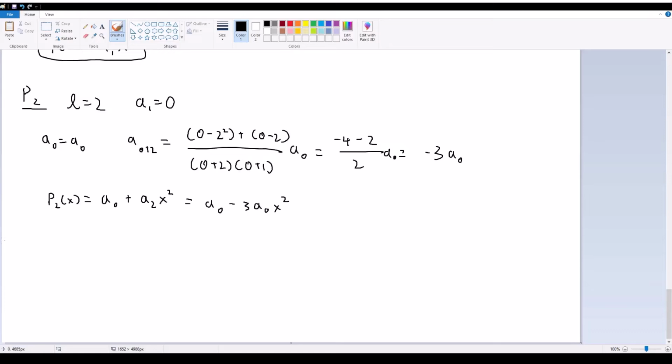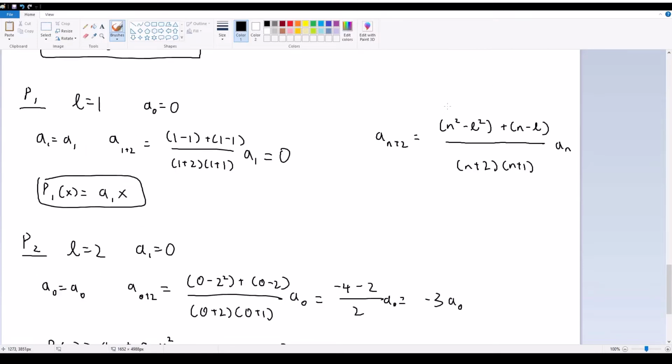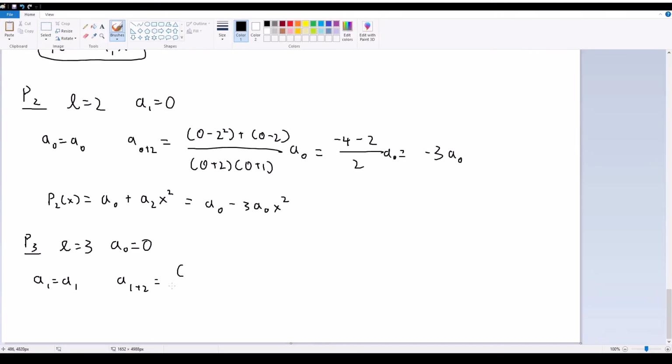Next, let's do P3, which is the final one. So L is equal to 3, A0 is equal to 0, so all the even terms truncate. We have A1 is equal to itself, and then we have A of 1 plus 2 is equal to, in this case, we have n squared minus L squared, so 1 minus 3 squared times n minus L, plus n minus L, which is going to be 1 minus 3 divided by n plus 2 times n plus 1.